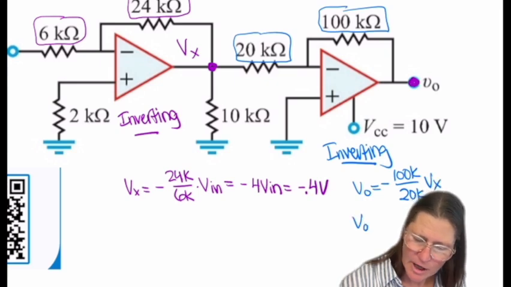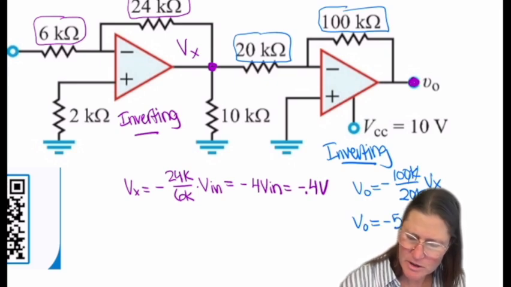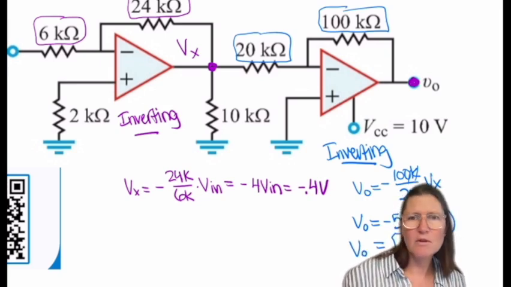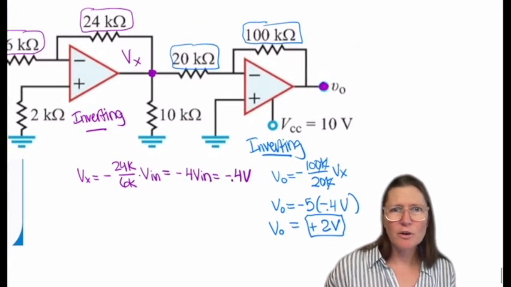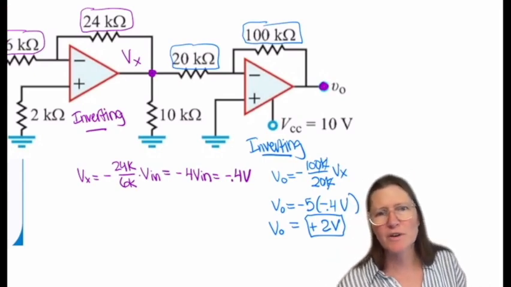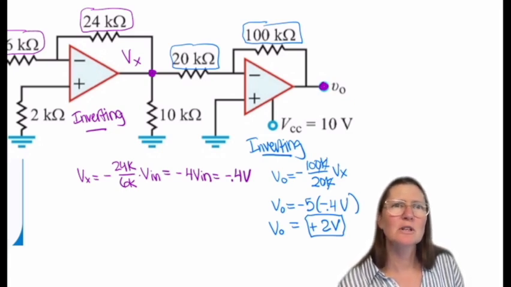And so V out will equal negative 5 times negative 0.4 volts to give you a plus 2 volts. So the 100K over 20K is 5, so you have a negative 5 times the negative 0.4 volts, which is 2 volts.